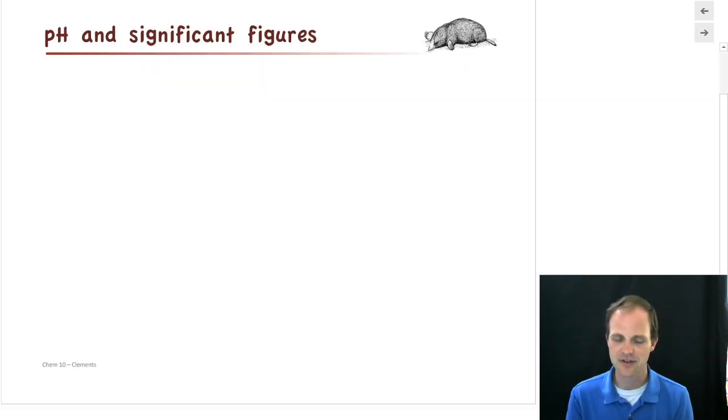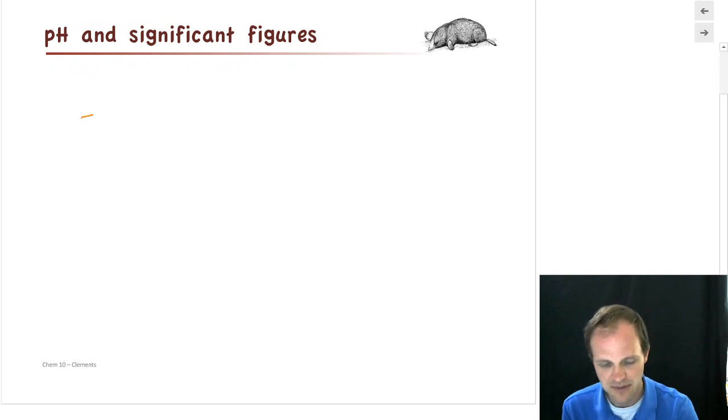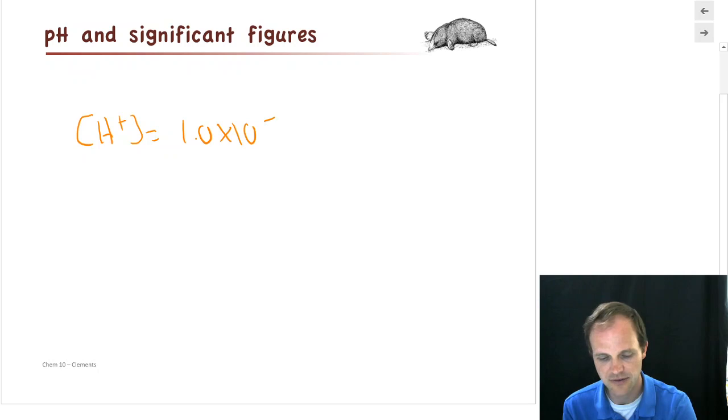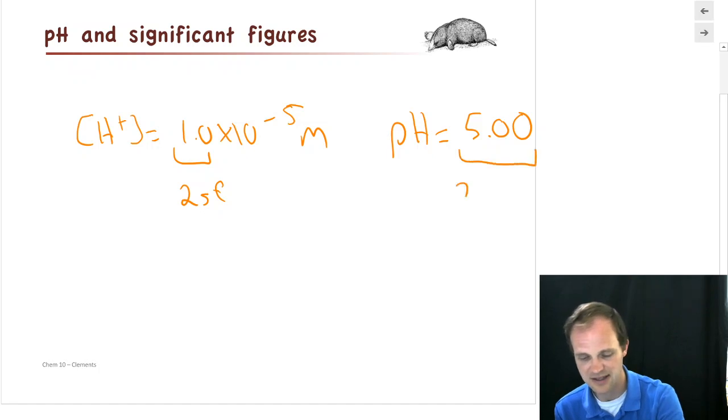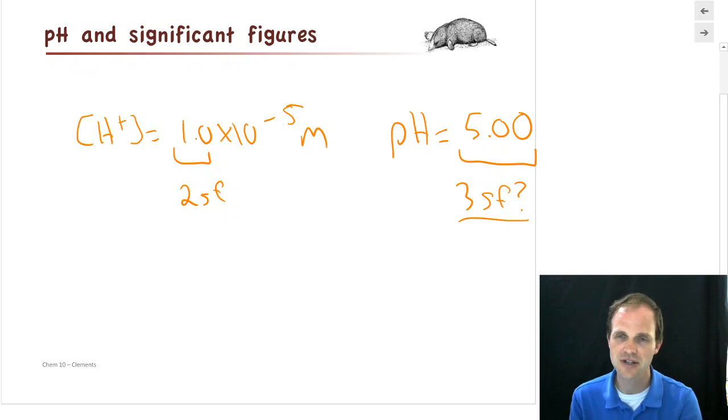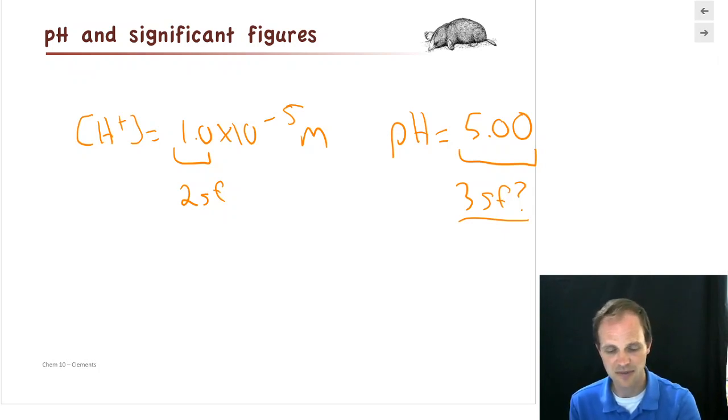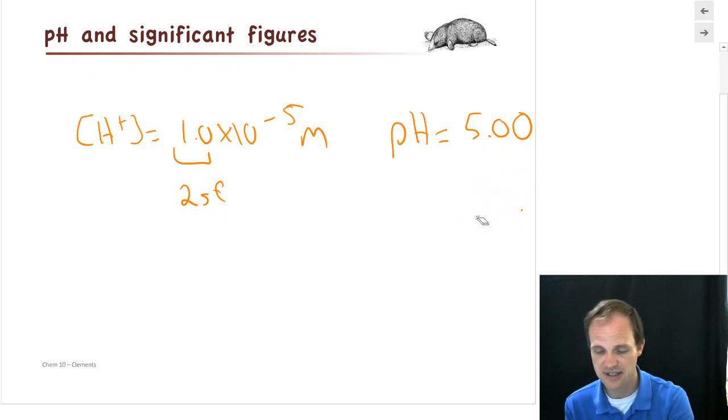pH and significant figures. When my H+ was 1.0 times 10 to the minus 5th, I ended up with a pH of 5.00. And it looks like I'm going from 2 sig figs to 3 sig figs. And you're saying, well, why am I changing the number of significant figures in my answer? It turns out pHs are a little funny because they're a log, and the log has its own rules for significant figures.